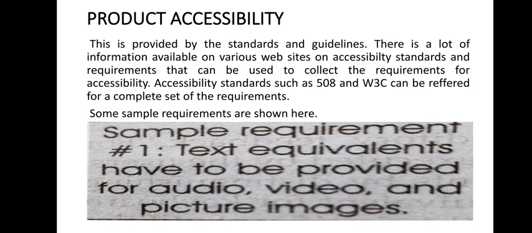Okay, so these are basically guidelines on how you can help physically disabled people get a good product feeling. Fine. So what are these requirements? We can take an example of some requirements that are already available. You can see the image. Sample requirement first: text equivalents have to be provided for audio, video, and picture images.